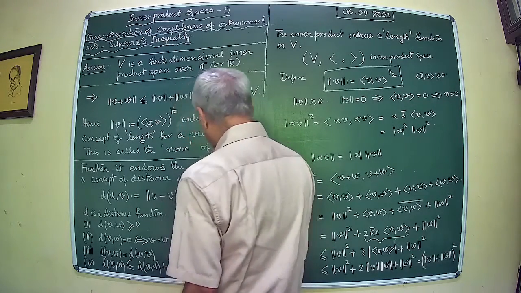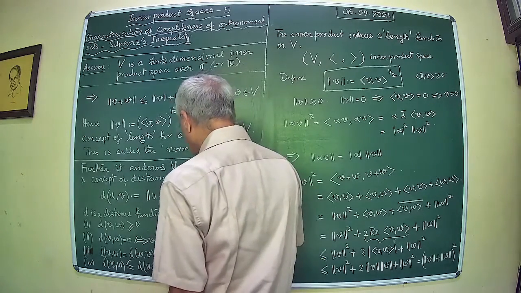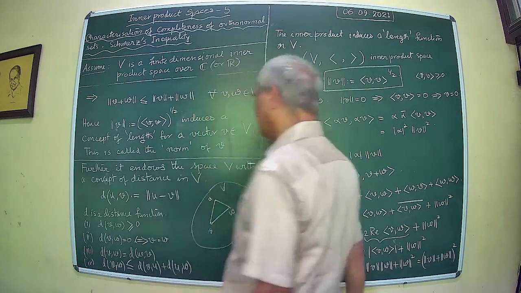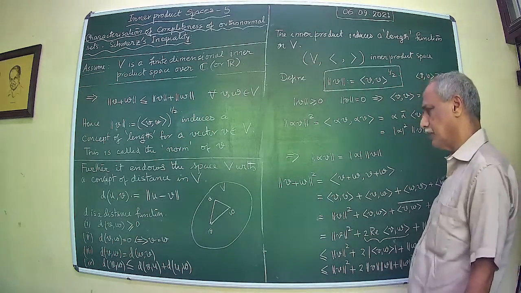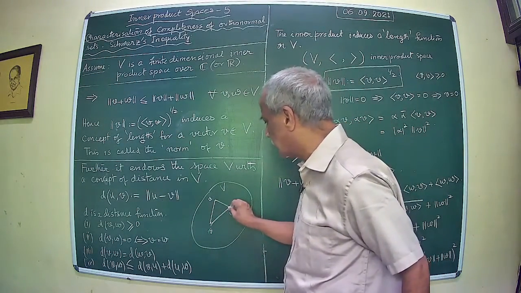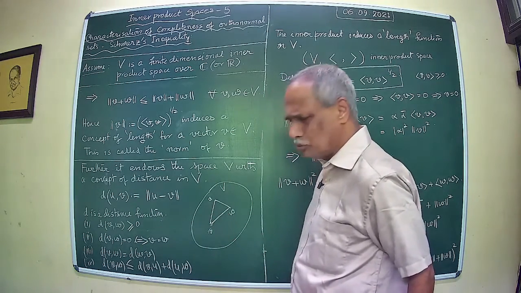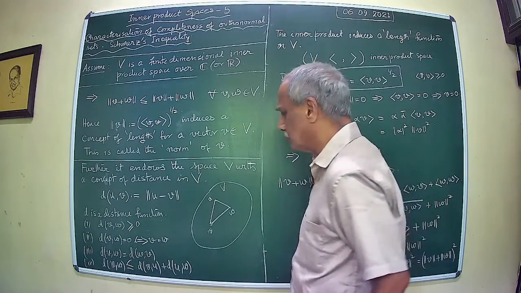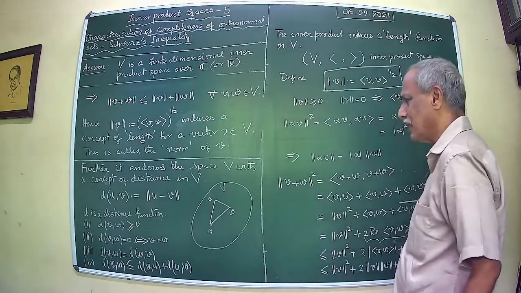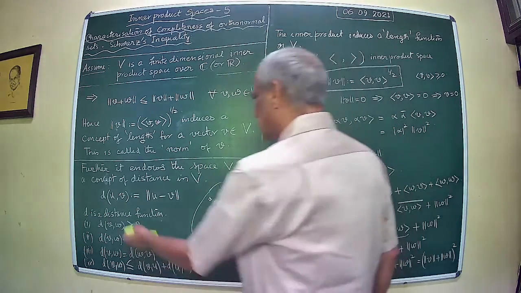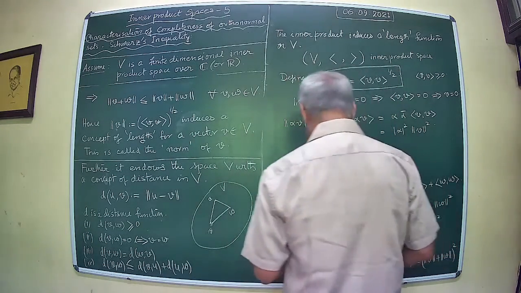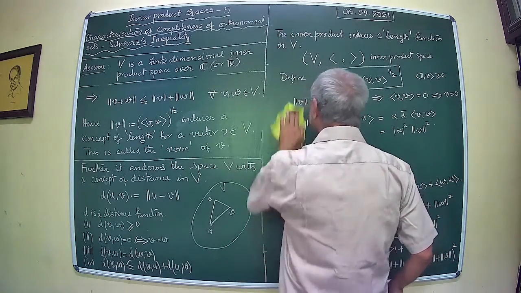So the distance from v to w is less than or equal to distance from v to u plus the distance from u to w. That's the third property that you have. Okay. The second property is that the distance from v to w is the same as the distance from w to v, our usual intuitive notion of what you call the distance function. The distance function is a real valued function. So what we assert is that this has all these properties. It's quite simple once you have this inequality.